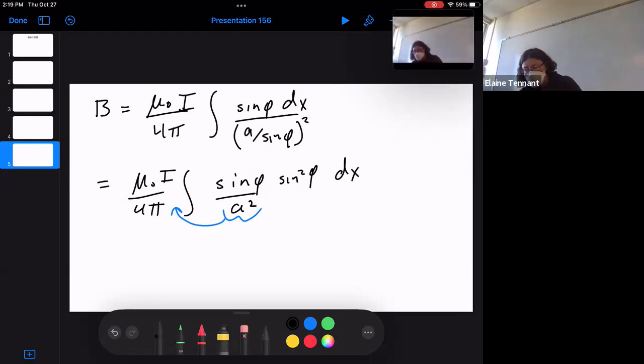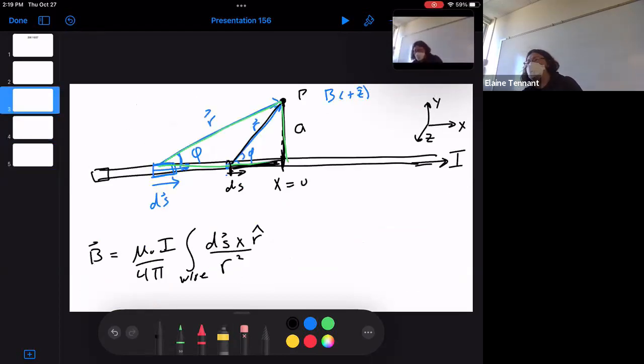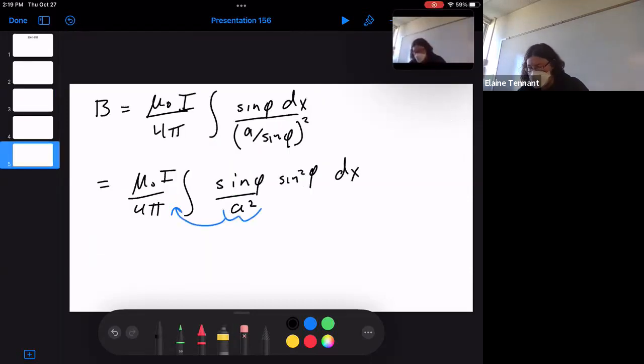As I choose different dx's, so ds is really, does my angle change? Yeah, just like it did when I asked it 2 minutes ago, right? So we need to relate this dx and this angle.